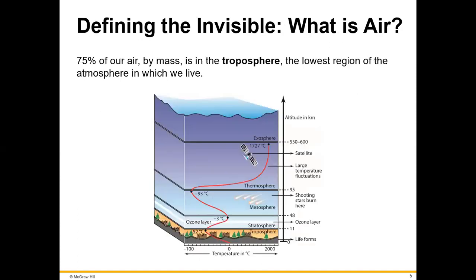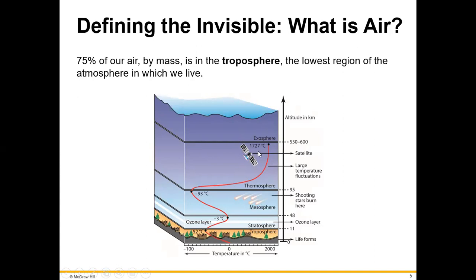The air that we breathe, at least, is found in the troposphere, which is the lowest layer of the atmosphere. So we're down here, the troposphere is what's near the ground. That's what we're breathing. The ozone layer is found in the stratosphere, and then you've got the mesosphere, the thermosphere, and the exosphere.